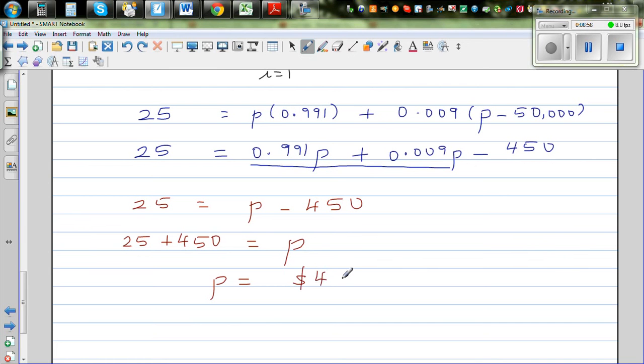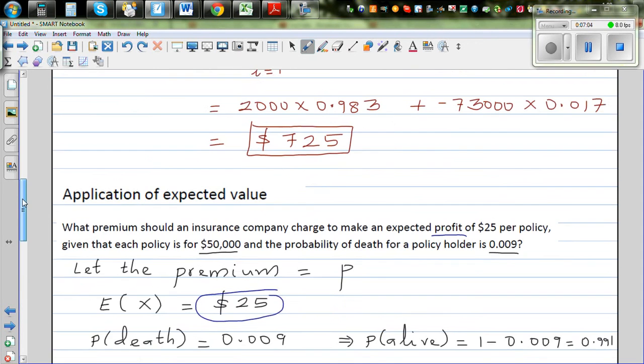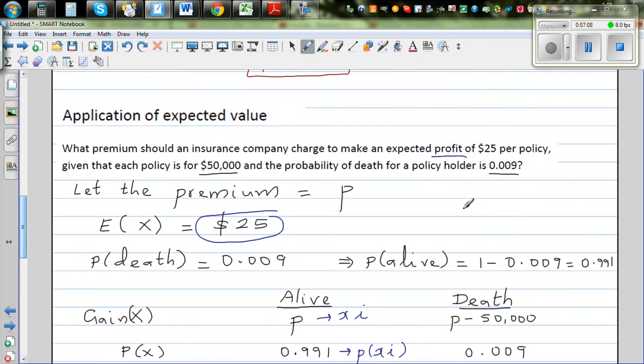What does this mean? If the insurance company is charging a premium of $475 for a policy of 50,000, and you know the fact that the probability of a policyholder of that age group dying is 0.009, you can say with reasonable confidence that if this policy is sold to a large number of people, they can expect to gain $25 per policy.